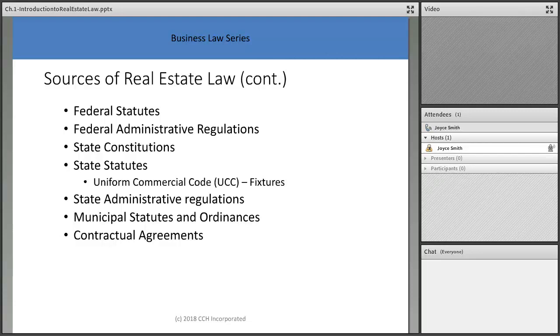We have municipal statutes and ordinances, such as our zoning and building codes. And then we have contractual agreements, what we actually write and present to each other. And a lot of our real estate contracts are basic business law, except they pertain to the real estate.